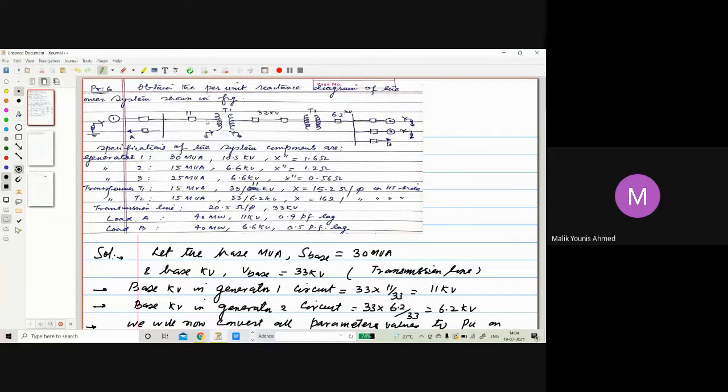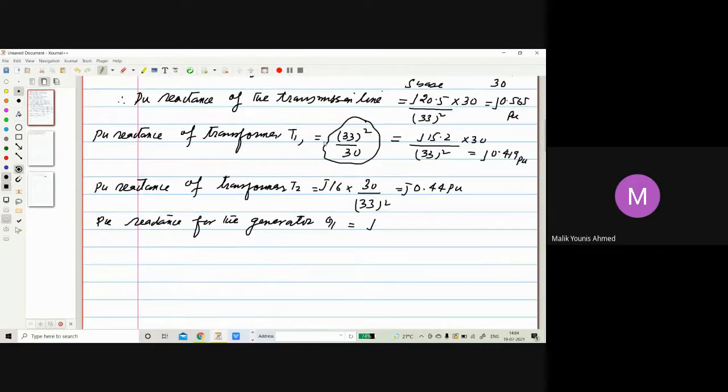So it is j, not 16, it's 1.6 into 30 divided by 11 square, because the generator base value is 11. That comes out to be j0.397 per unit.